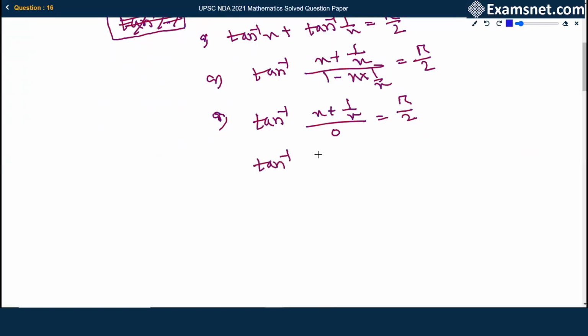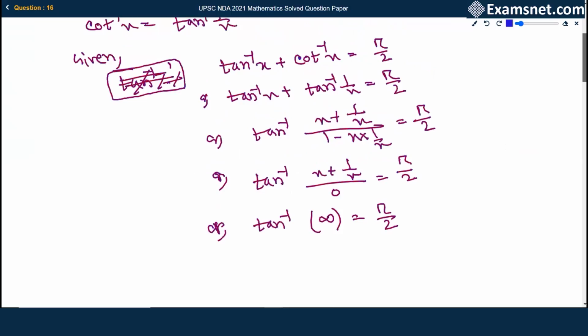Now since here we are dividing by 0, but we cannot divide by 0, it becomes undefined, right? So tan inverse of undefined equals pi by 2. Now we know that tan pi by 2 gives us the value undefined, correct?